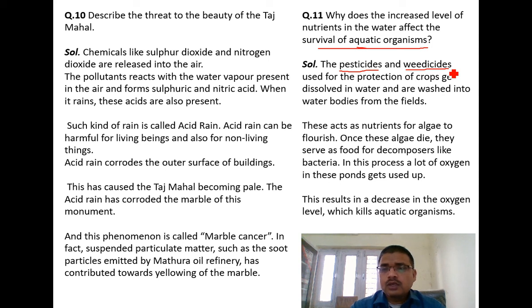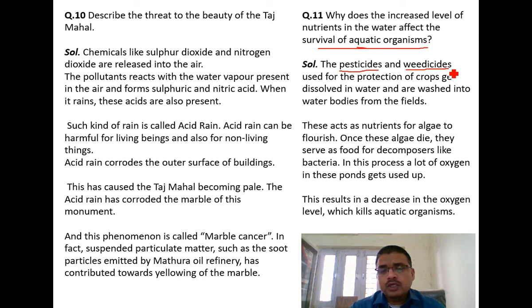And whenever these are used, and if rain occurs, due to the rains these pesticides and weedicides run away with the water and get mixed with the river, and this affects the water bodies.